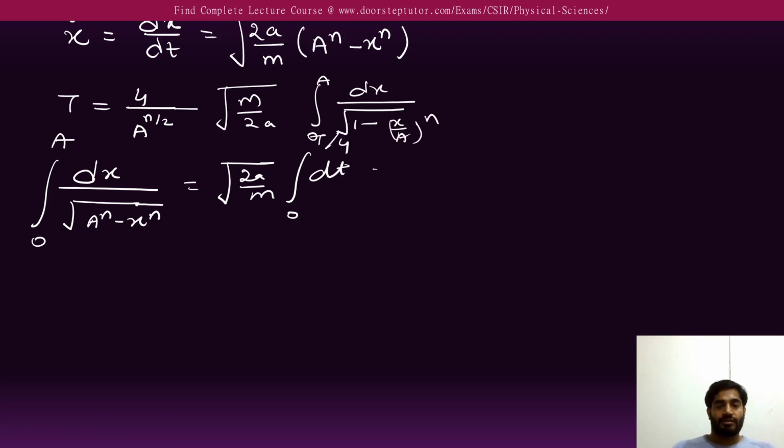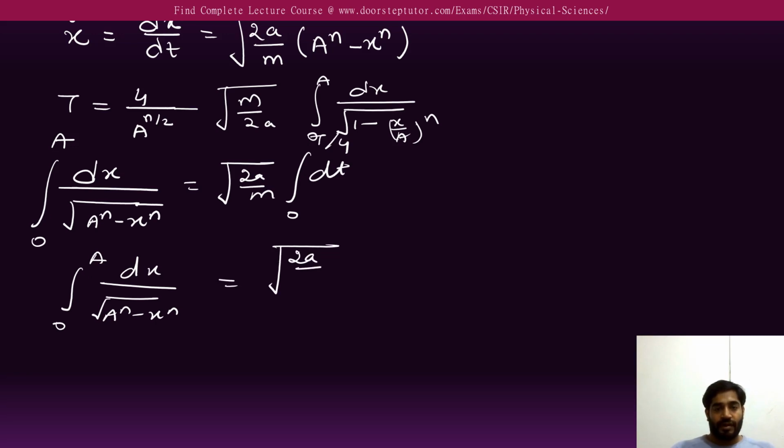So if we solve this, we get a simple one: the integral from 0 to a of dx over root of a to the n minus x to the n equals root of 2a by m times t by 4.